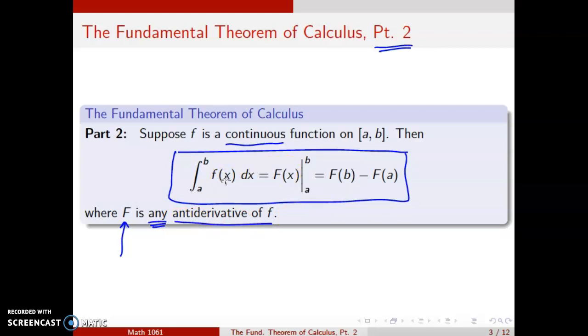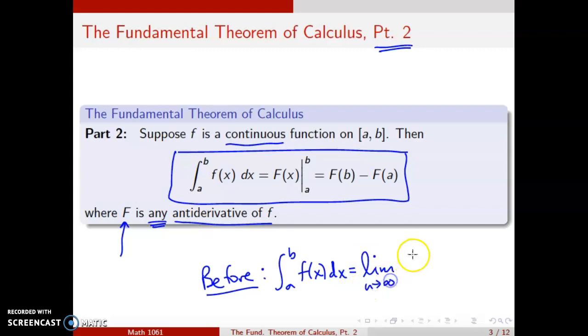This is an extremely powerful tool for us. This allows us, instead of using that Riemann sum, limit of a Riemann sum definition. So before, we were looking at this business here.